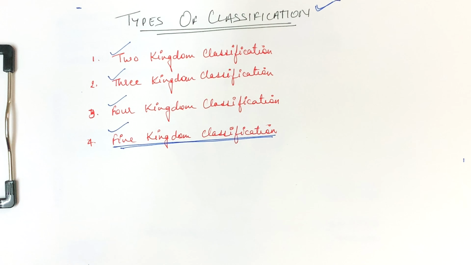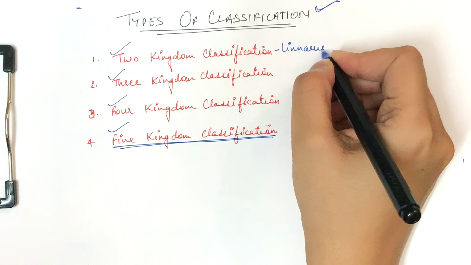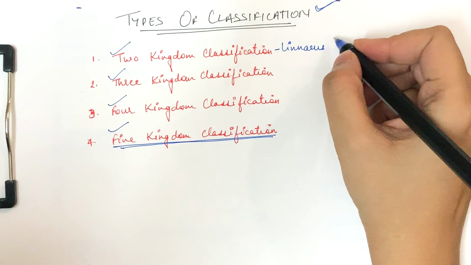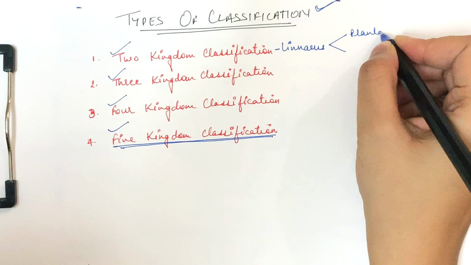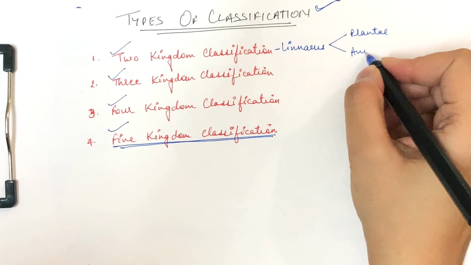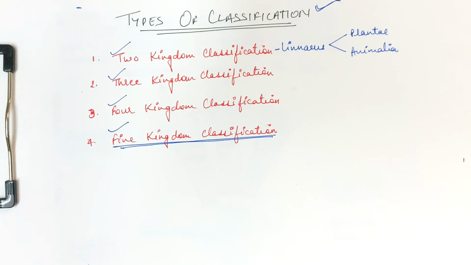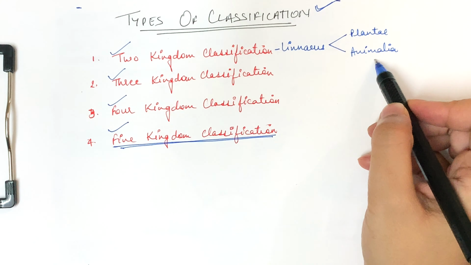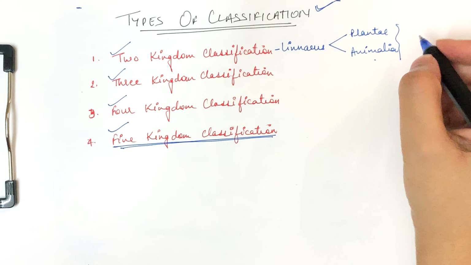So basically 2 kingdom classification was given by Linnaeus. And he classified the entire kingdom into Plantae and Animalia. Basically here all organisms have been divided into 2 groups, plants and animals, and it is done on the basis of presence or absence of cell wall.